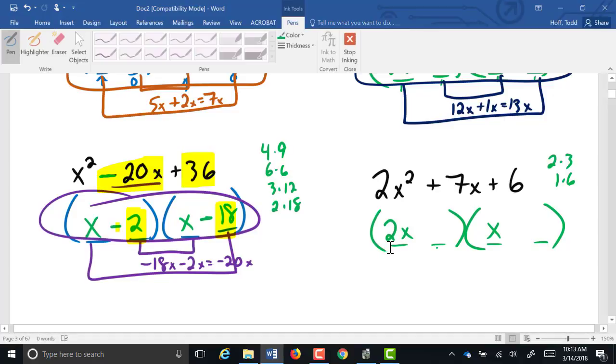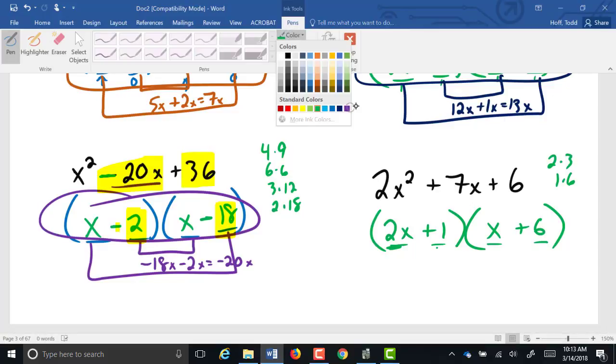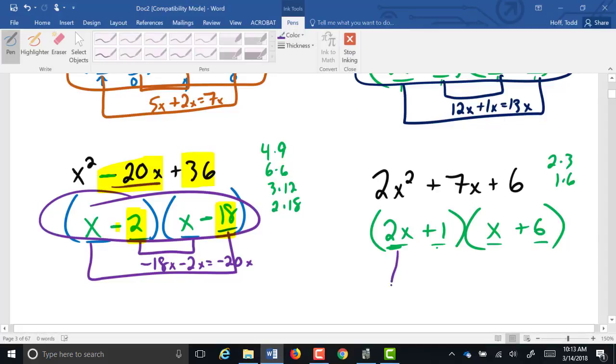This is 2x. If I try 1 and 6 in there, on the outside I have 2x times 6 is 12x. On the inside, 1 times x is 1x. That's 13x. Not what we want.